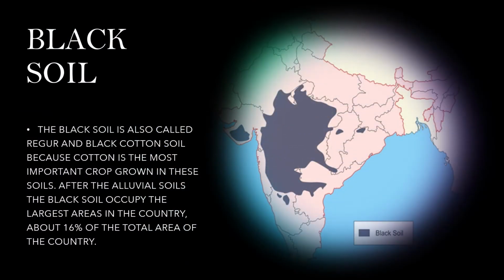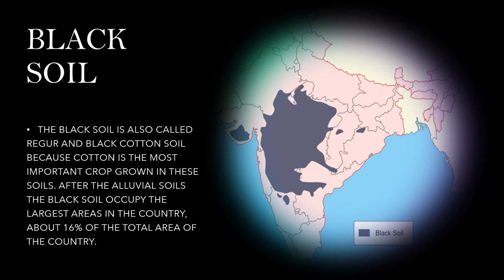Let us now learn about the black soil. Now, the black soil is also called Regur and black cotton soil because cotton is the most important crop grown in these soils. After the alluvial soils, the black soil occupies the largest area in the country.